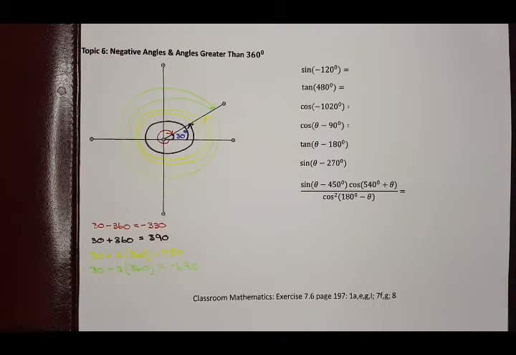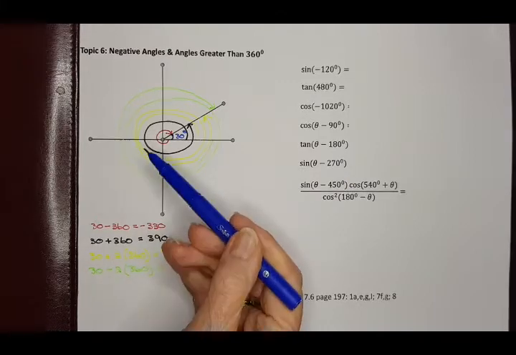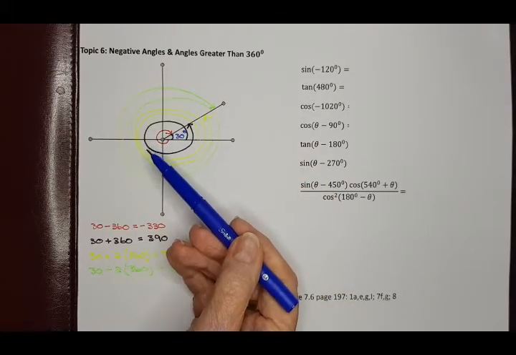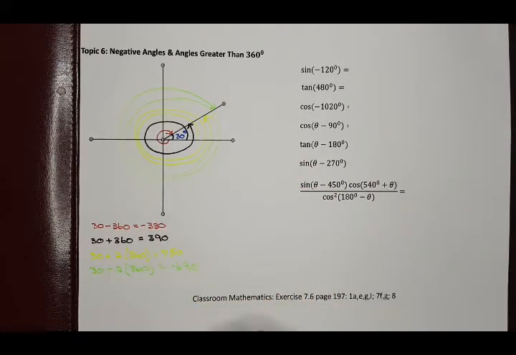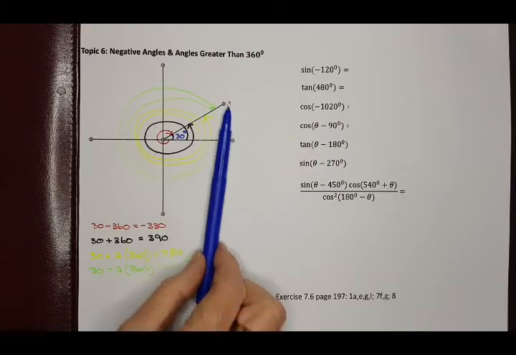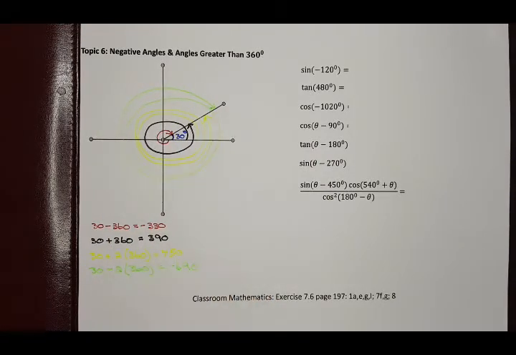It's really important that you understand here that because all those angles finish in the same place, sine is going to be the same, cos is going to be the same, tan is going to be the same. Now, there are an infinite number of angles that are going to finish up there, because clearly we can add or subtract any multiple of 360 degrees.